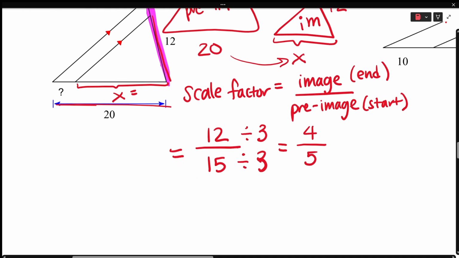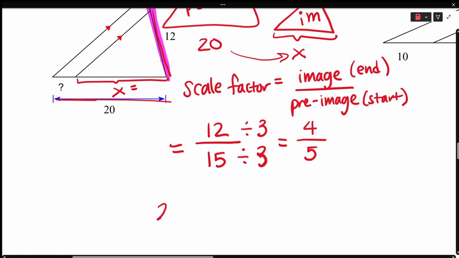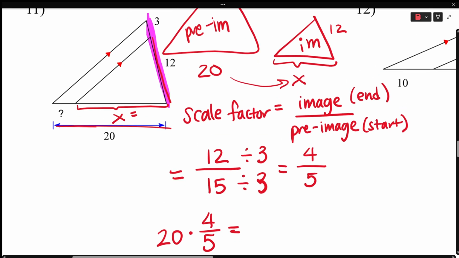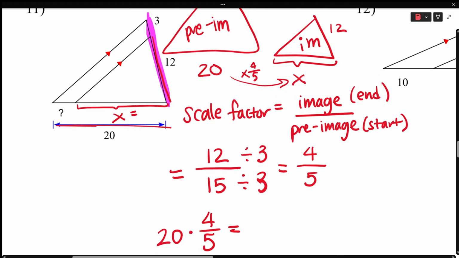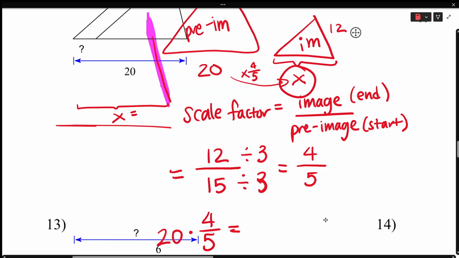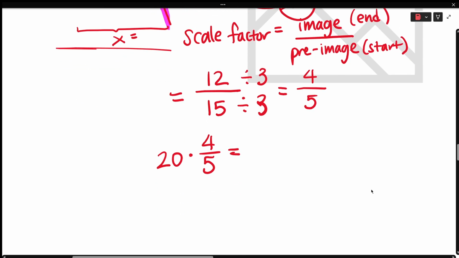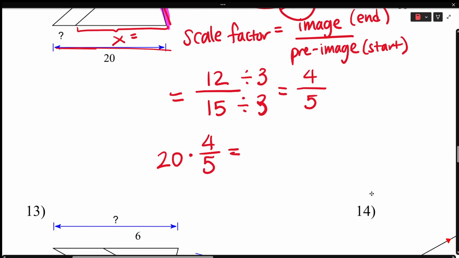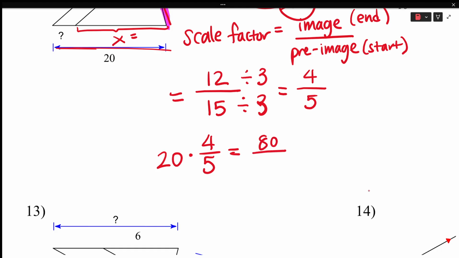I need to multiply 20 times 4 over 5. Right? If we multiply 20 by 4 over 5, we're going to get x. So when we're multiplying a fraction and a whole number, multiply 20 times 4, which is 80, divided by 5, 16. So x is 16.